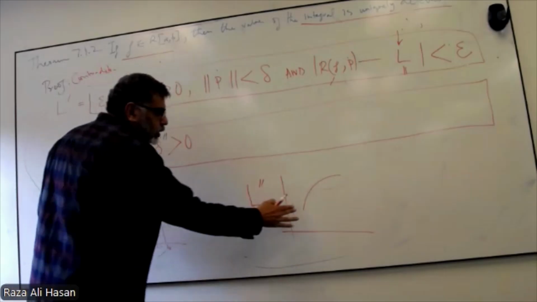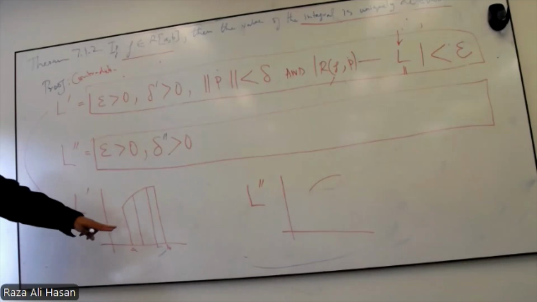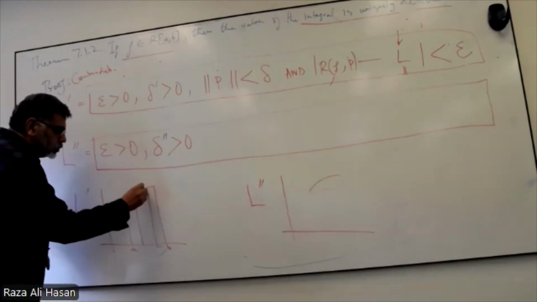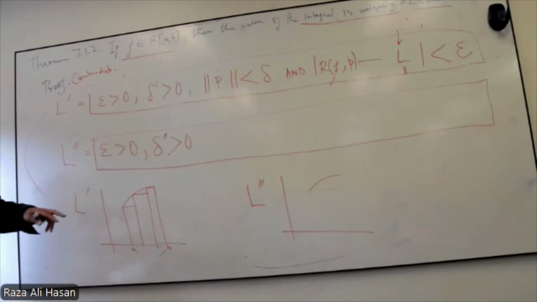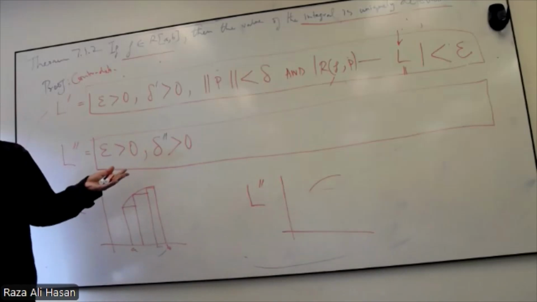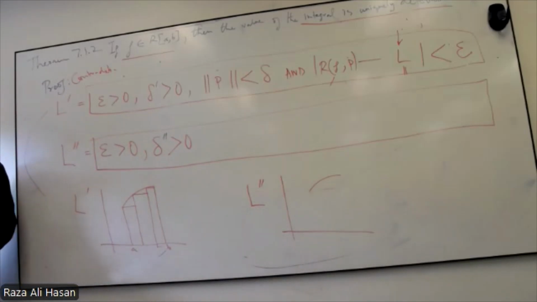So how do I show that this one is finer? L prime has a partition that has only 3 rectangles, and L double prime has this partition that is going to be finer. How many rectangles? Should there be more than 3 or less than 3?